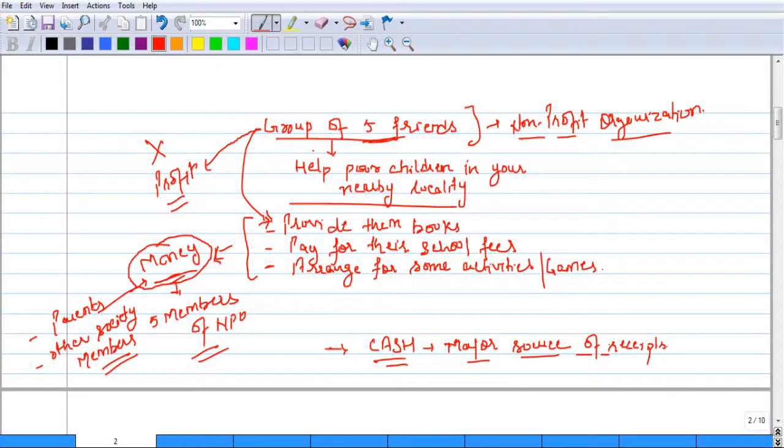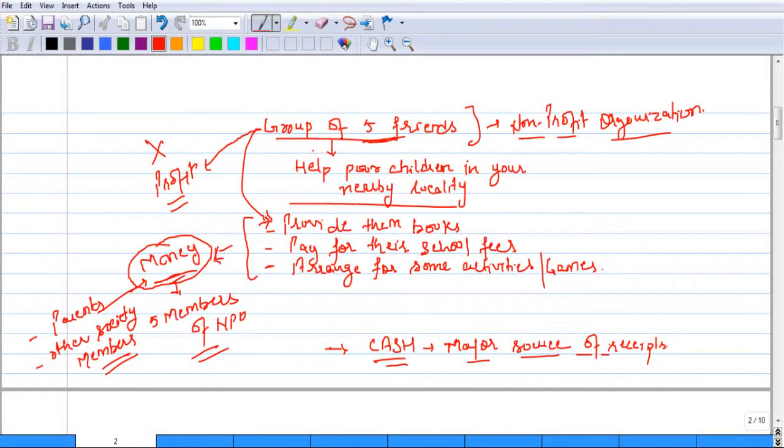Because when you are five friends who have made a group, you cannot open a bank account in the NPO's name. If you have a registered non-profit organization, then you can open a bank account. But if you are a group of five friends, can you open a bank account? No. So what will you do? You will take cash from the members, from the parents, from other members of the society. So the major source of receipt and payment is cash.